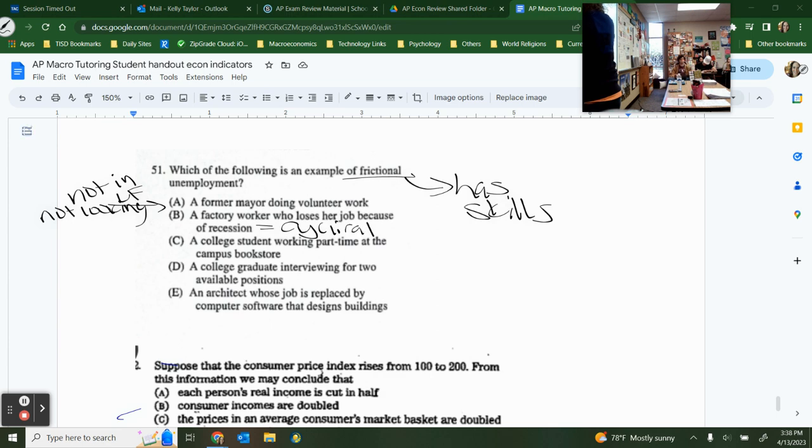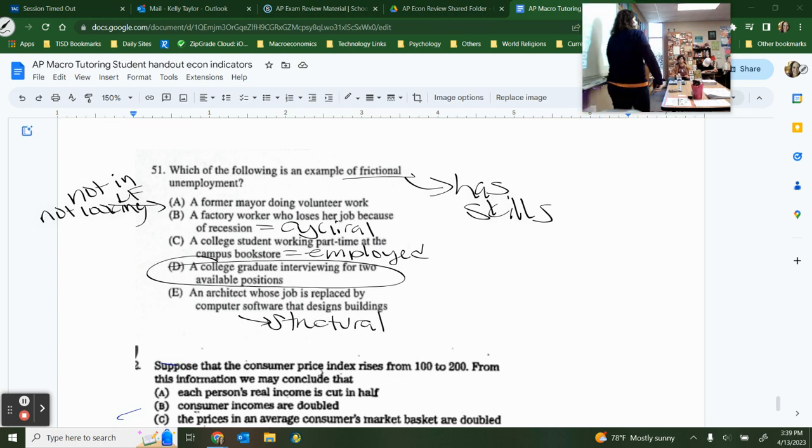Cyclical. College student working part-time: they're employed. College graduate interviewing for 2 available positions: frictional. And last but not least, replaced by computer software: that's structural.